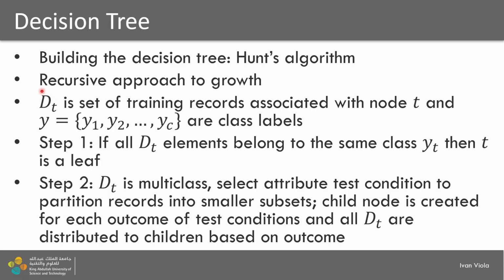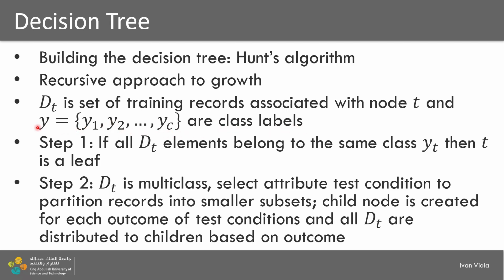At that position, at the node, we have a certain set of training records, Dt, which are associated with the node t in which we are. And there are various classes of the records, y1, y2 to yc, for all these class labels.